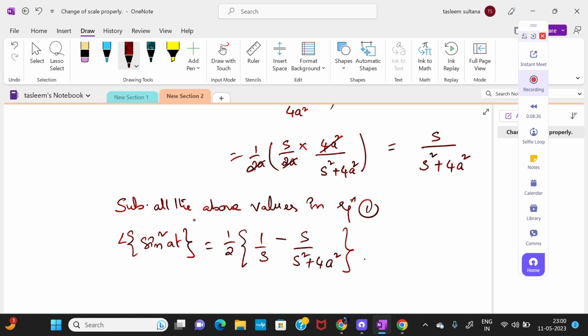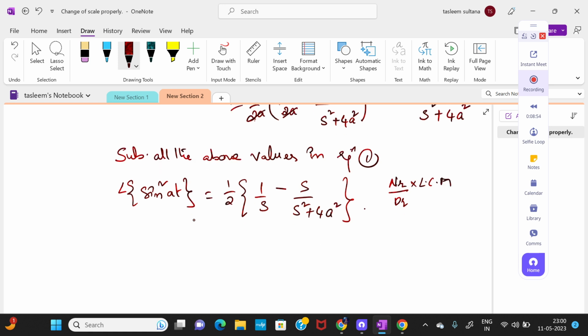If you want to simplify further, you can simplify by taking the LCM over here. Your LCM is s of s square plus 4a square. Now first 1 by s into s of s square plus 4a square, this s and this s will get cancelled, leaving s square plus 4a square.